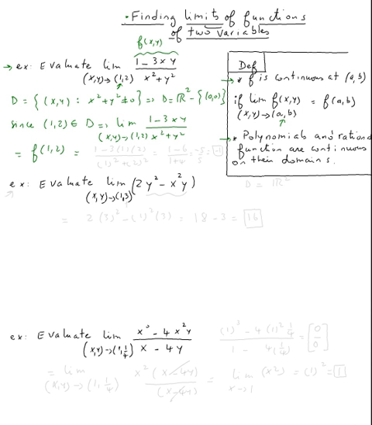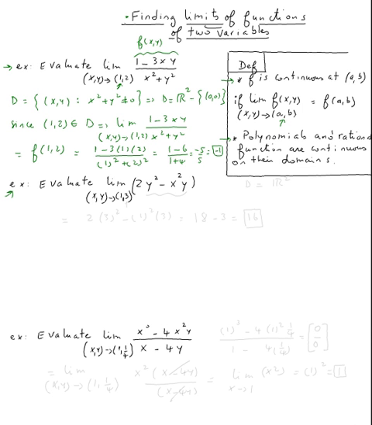All it means is just plug it in. So 1 minus 3 times, x is 1, y is 2. x squared will be 1 squared, and y squared will be 2 squared. So in other words, plug it in. If you get a number, you're done. So that would be 1 minus 6 over 1 plus 4, minus 5 over 5. So the answer would be negative 1.